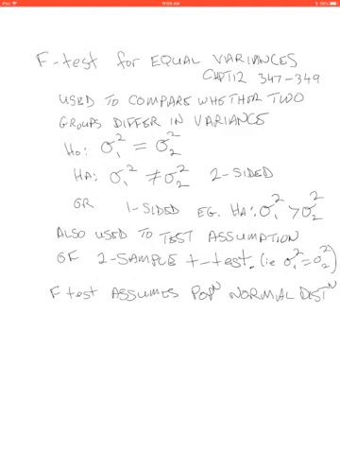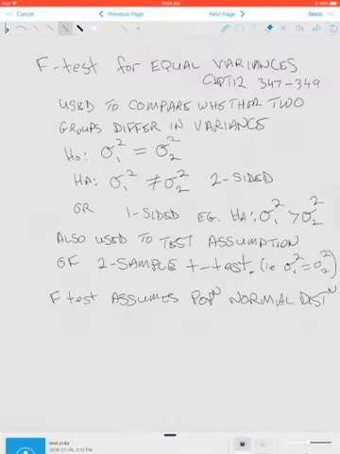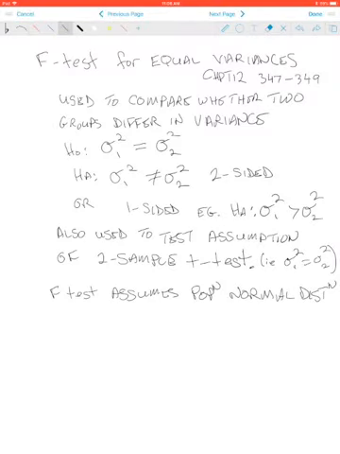And so the f-test for two variances is in chapter 12 on pages 347 to 349. The null hypothesis is of the form shown here, where the null is that the variances of each group are the same for the trait measured.